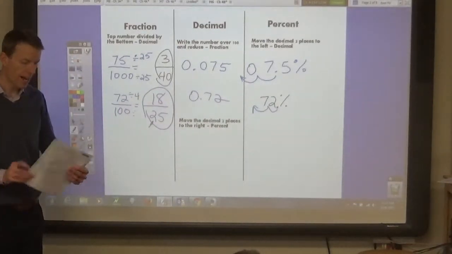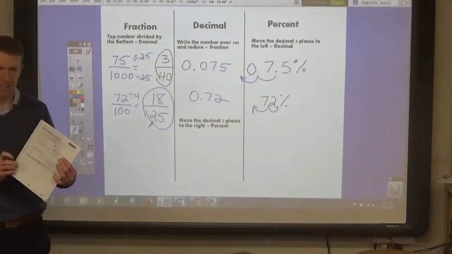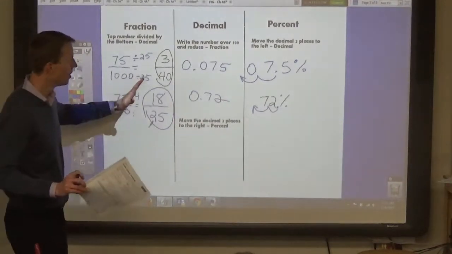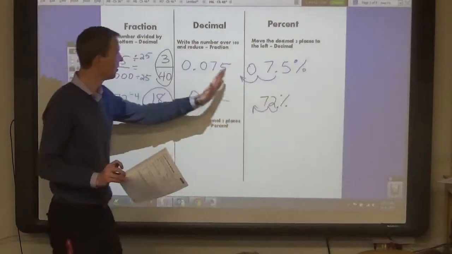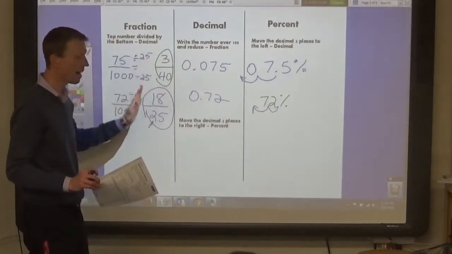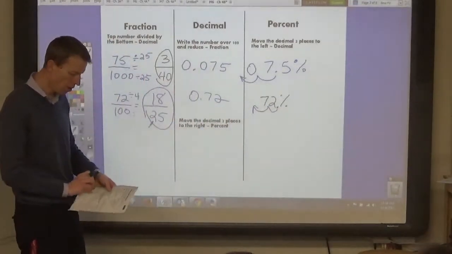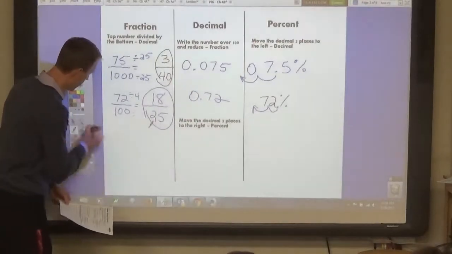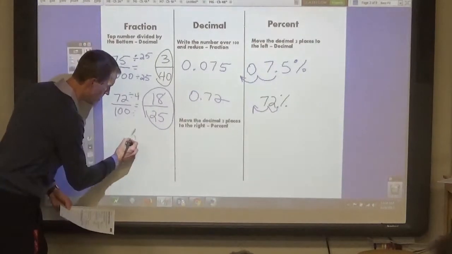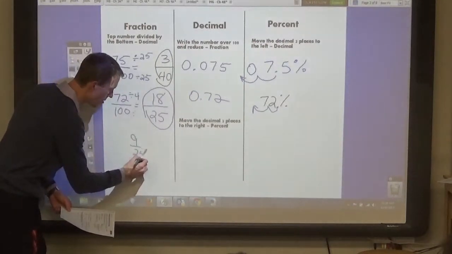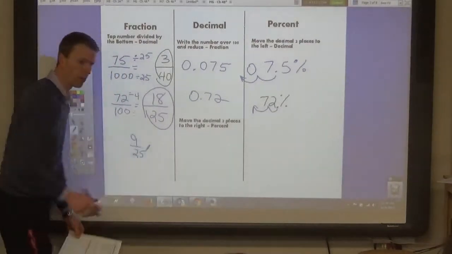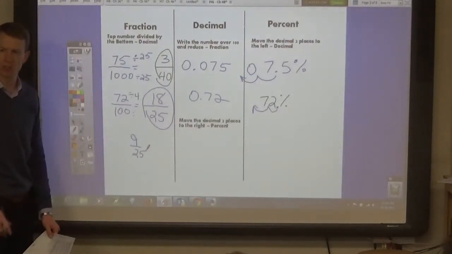So, you have charts to fill in, just like this, going from percent to a decimal to a fraction, or from a fraction, 9/25ths, to a decimal, and then to a percent.